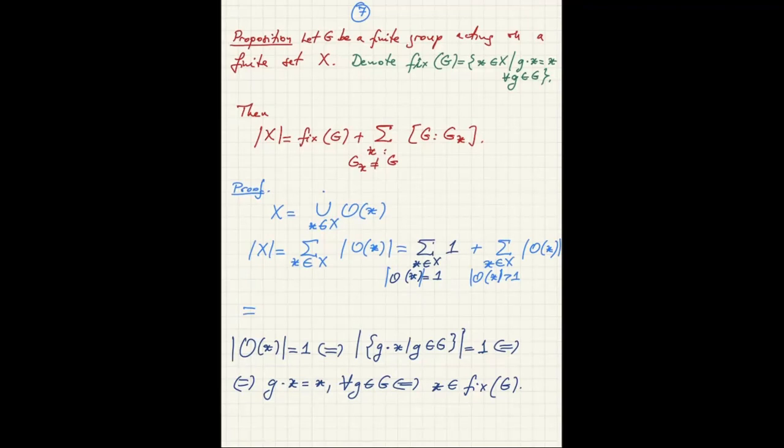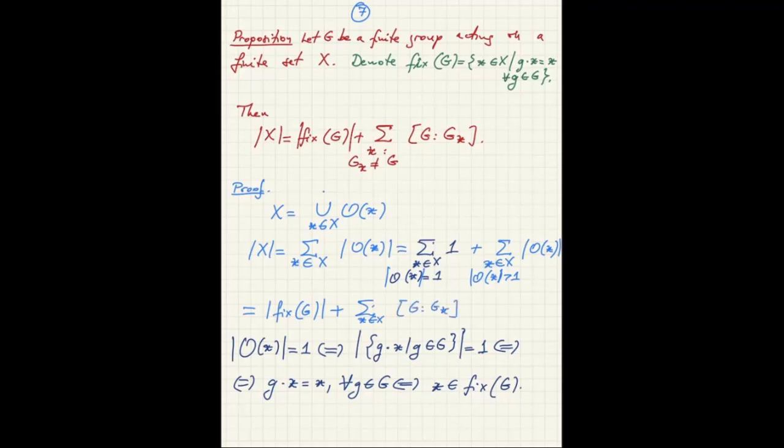And now what does this equal? So the first part, we are adding a 1 for every element from Fix(G). So here I have to put a cardinality. This is going to be the cardinality of Fix(G) plus, on the other side, a summation over all x in X. The cardinality of the orbit, from the orbit-stabilizer lemma, is the index of the stabilizer.